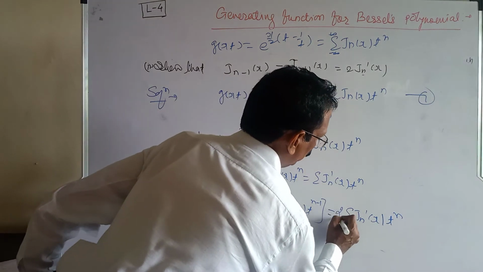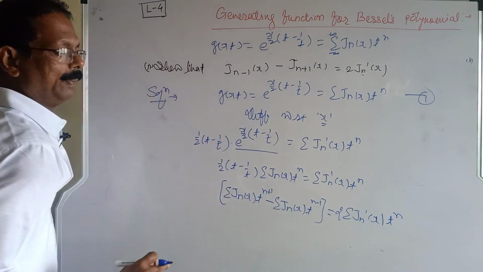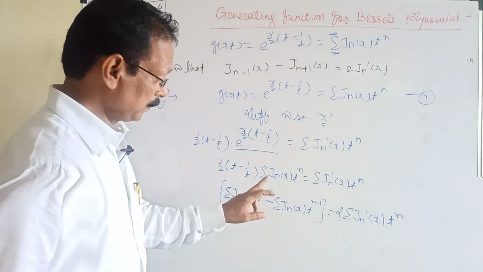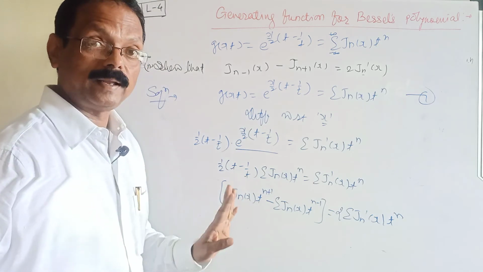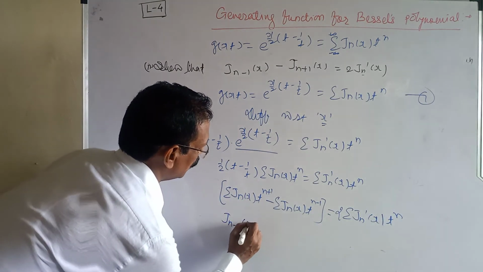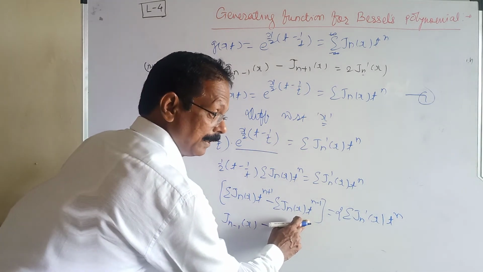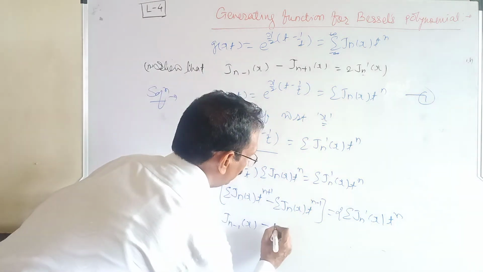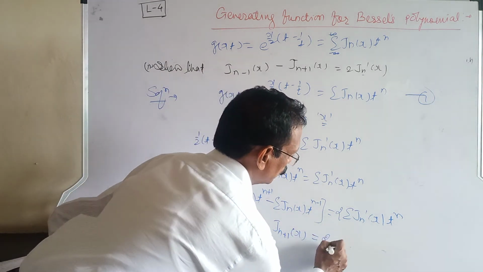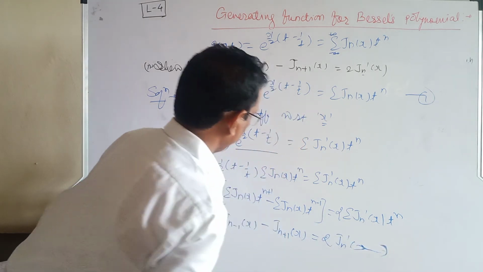Then comparing the coefficient of t^n: this term is t^(n+1), so replace n by n minus 1, and it becomes J_{n-1}(x). For t^(n-1), replace n by n plus 1, giving minus J_{n+1}(x), equal to 2 into J_n'(x).